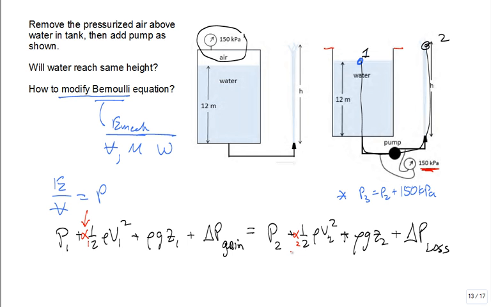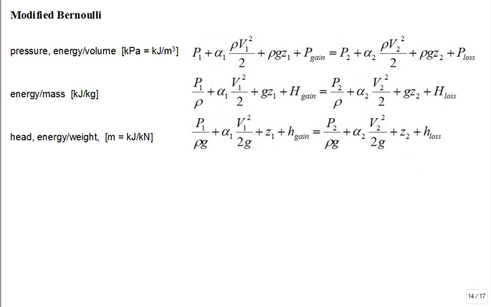So now we have what I call the modified Bernoulli's equation. It's a statement of the conservation of mechanical energy, but it includes some mechanical energy gains as well as some mechanical energy losses. Here it is, in terms of pressure, energy per unit volume. Notice we put the alpha there.